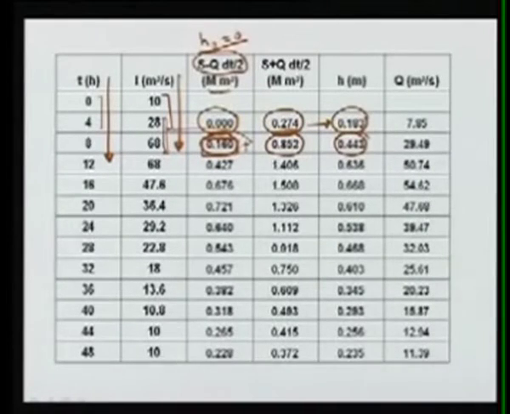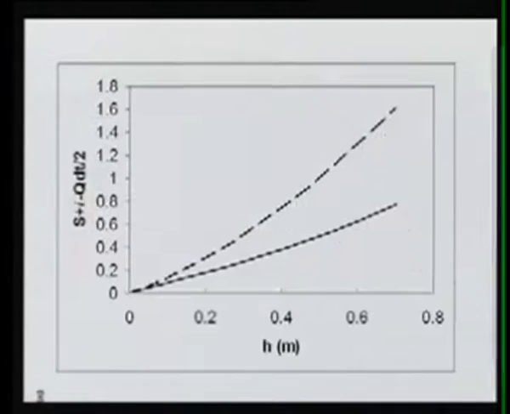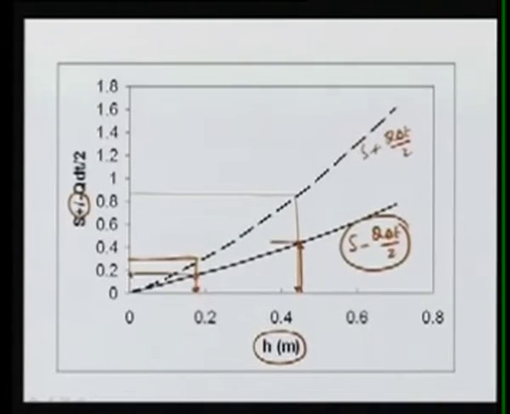So for 0.443 we get 0.427 as S minus Q delta T by 2. So basically we just go from one curve to the other. So we come to this point, get to this curve, then similarly once we obtain the value here, we come to this point and get the value for S minus Q delta T by 2, then again add the mean inflow to get S plus Q delta T by 2.